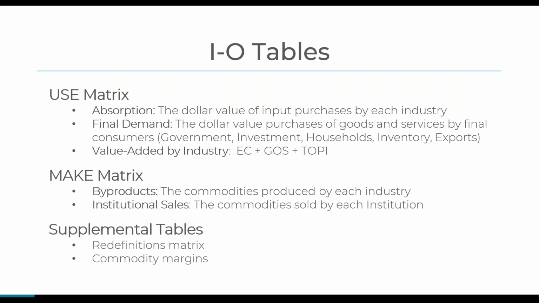And then there's some supplemental tables like the redefinitions matrix and commodity margins. So redefinitions, we have a nice article for this on our support site if you want to know any more, but it basically moves some activity between different industries to better represent the activity that's really going on in the economy. So a common example would be a casino in a hotel.